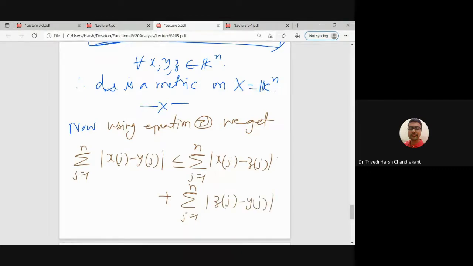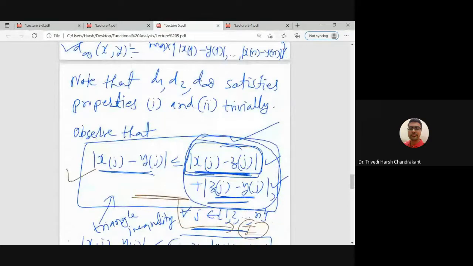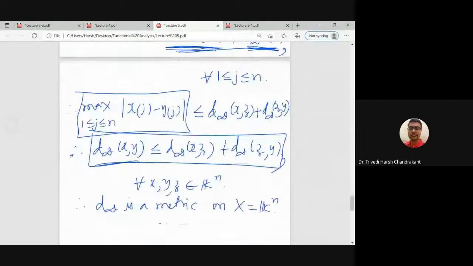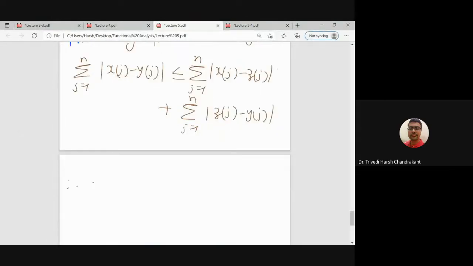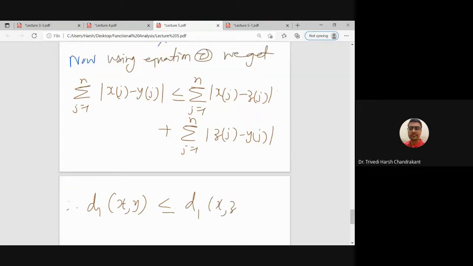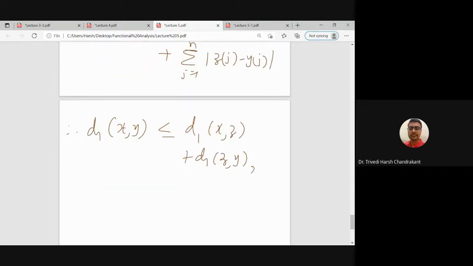Right? Just adding this inequality for every j. So basically we get this, and then this is essentially the distance d1 of x with y, that is d1 of x with z, plus d1 of z with y.